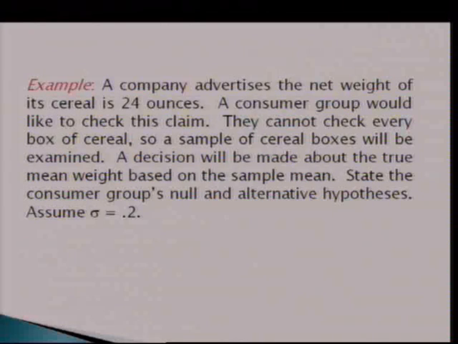Now, a consumer group would like to check this claim. They cannot check every box of cereal, so a sample of cereal boxes will be examined. A decision will be made about the true mean weight based on this sample mean. Now, we have to go for the null and alternative hypothesis, assuming that the standard deviation here is 0.2.